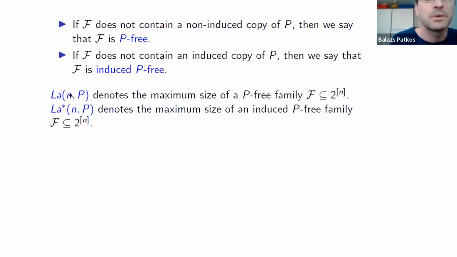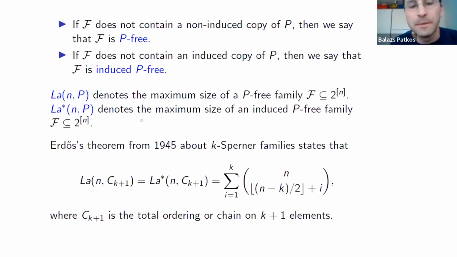denoted by La(n,P) and La*(n,P). So whenever in the slides you will see a star, that will correspond to the induced version, and when it is without a star, then it's the non-induced version. Okay, so just a sanity check. Well, for chains, it doesn't matter whether we are talking about induced or non-induced versions, because all pairs are in inclusion, or are related.